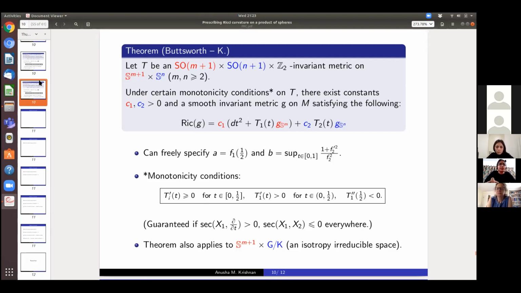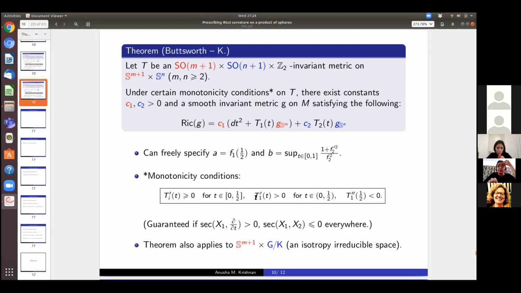If T2 is a constant, that forces F2 to be constant, and then the constant C2 is determined. Then the problem reduces ultimately to Hamilton's equations, so we can show non-existence there by choosing an appropriate T1.